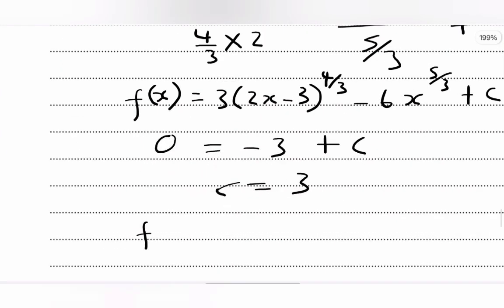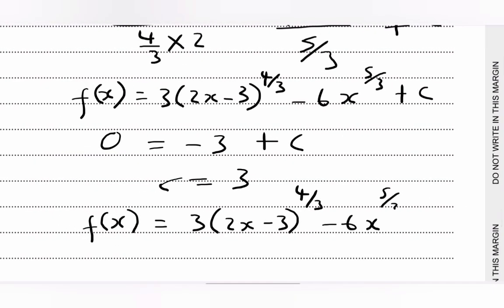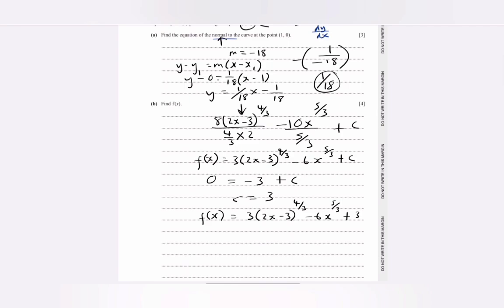Now after that, we just write our f of x is equal to 3 times 2x minus 3 to the power 4 over 3 minus 6 x to the power 5 over 3 plus 3, and that will be our f of x for 4 marks.